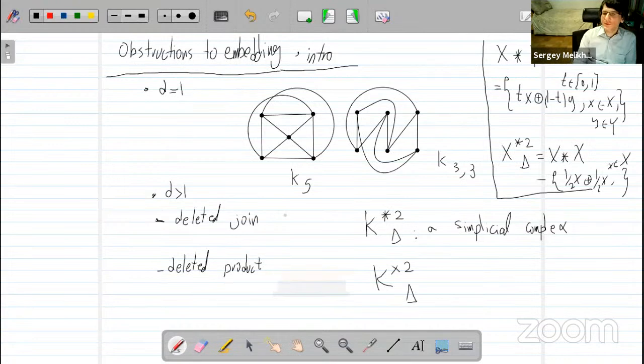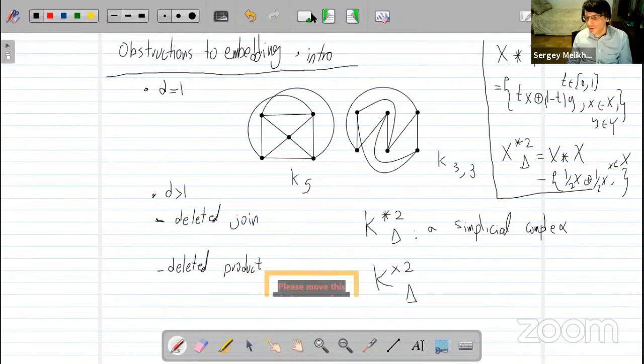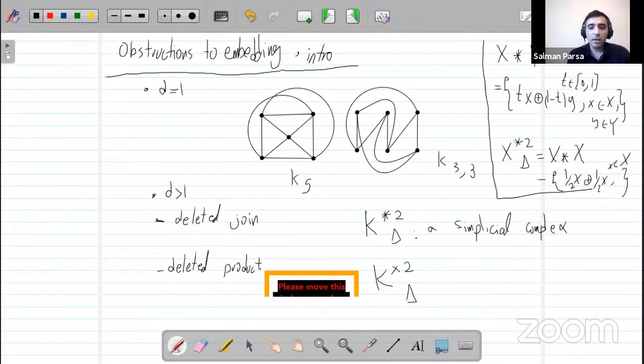Okay, but this is different from what you had before. That was a simplicial deleted join, right? Exactly, just deleted. When I apply this notation to a general space, I mean this definition, but when I apply it to a simplicial complex, I mean a simplicial complex. But I don't use this much.